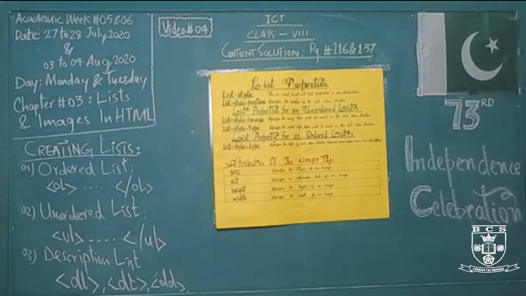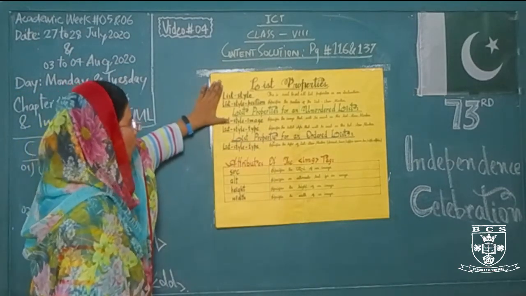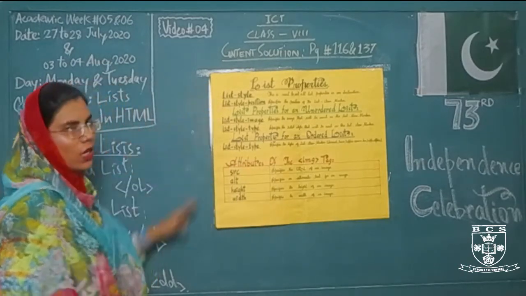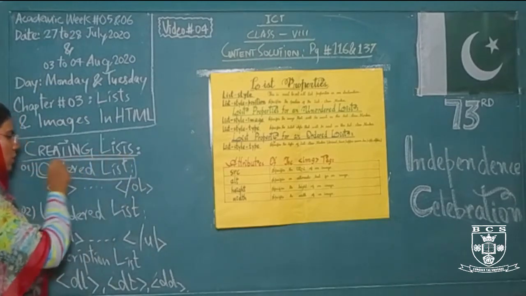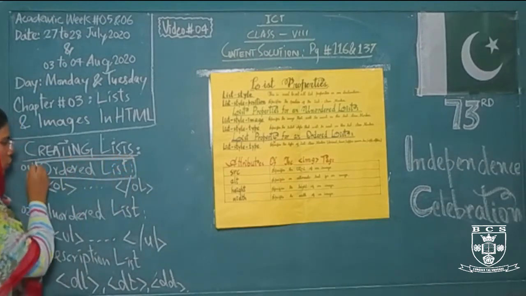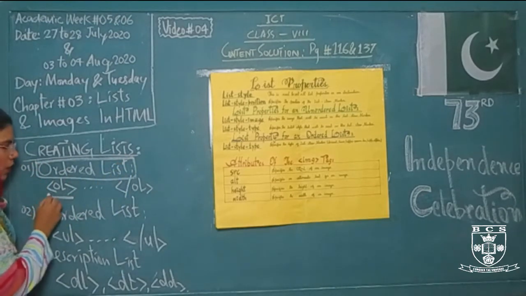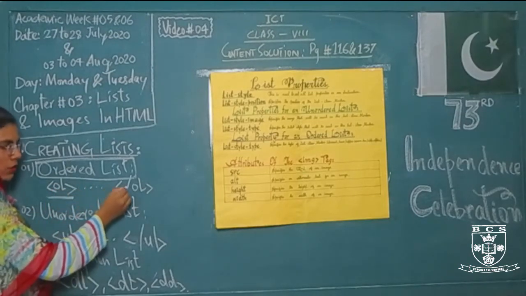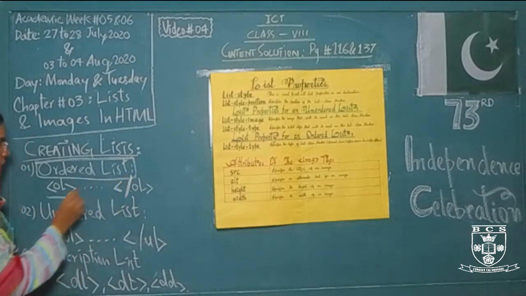Whenever we have particular items and we have to show them on the web page in list form, and the order of the items also matters, we use this type of list. The tag that we use is the OL tag: our ordered list starts, and the same OL tag with a slash ends the ordered list.